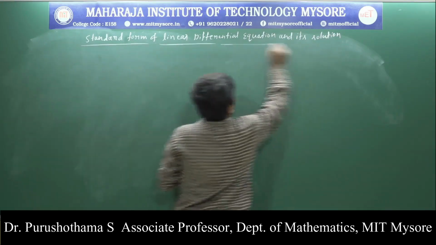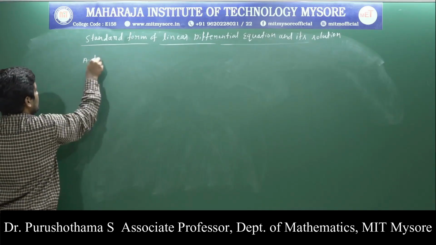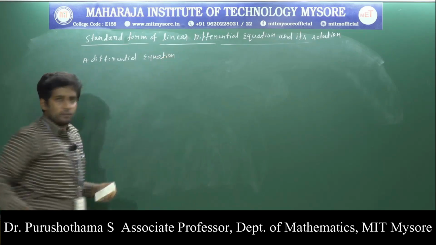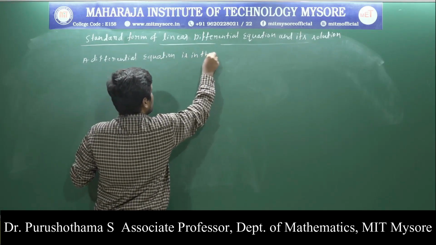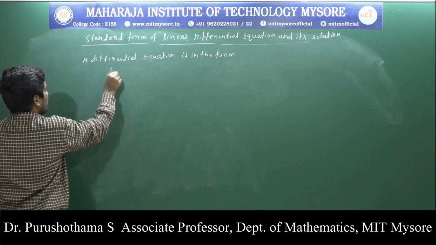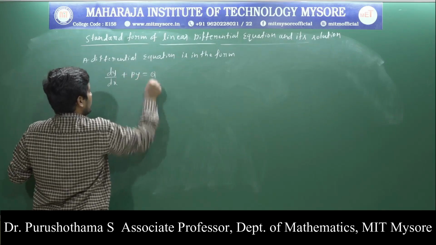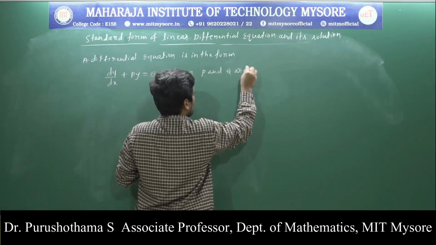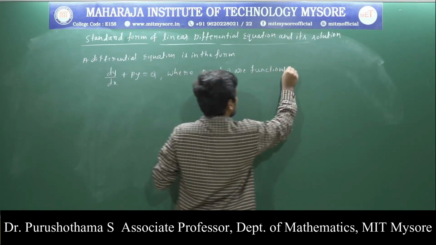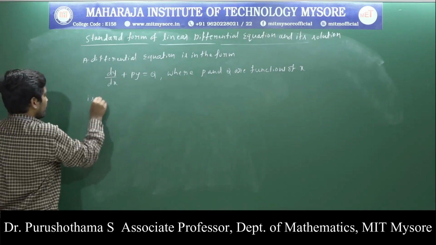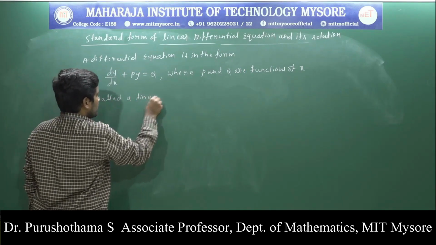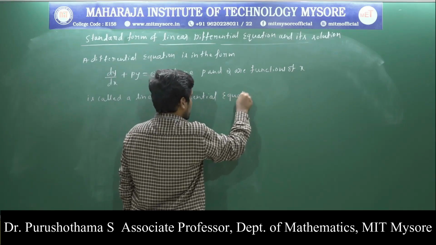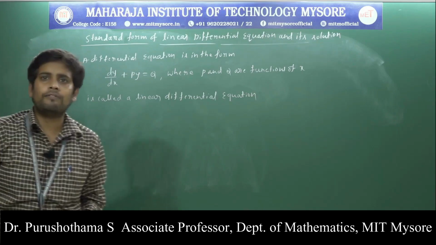So standard form of linear equation means a differential equation is in the form dy by dx plus p into y is equal to q, where p and q are functions of x, is called a linear differential equation. This is the standard form of linear differential equation.